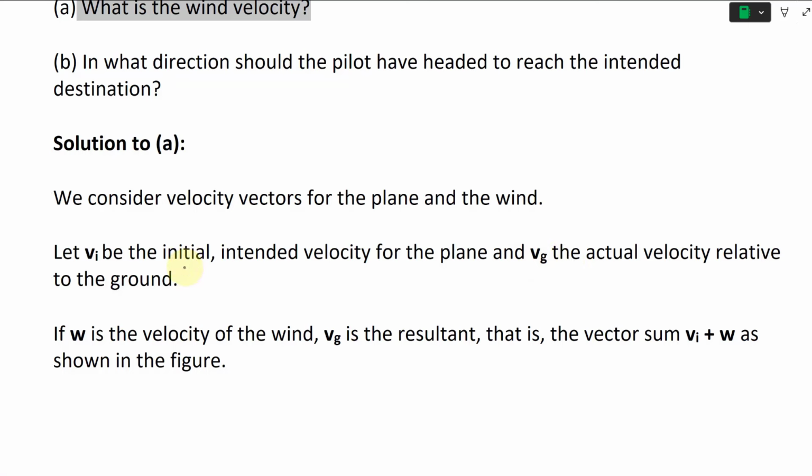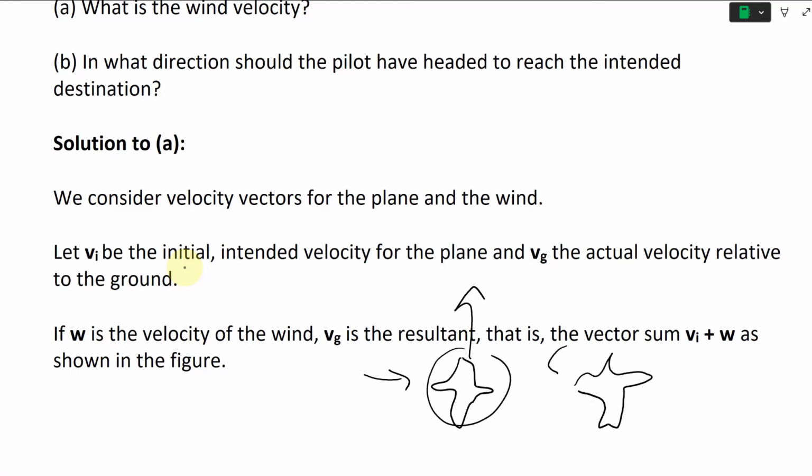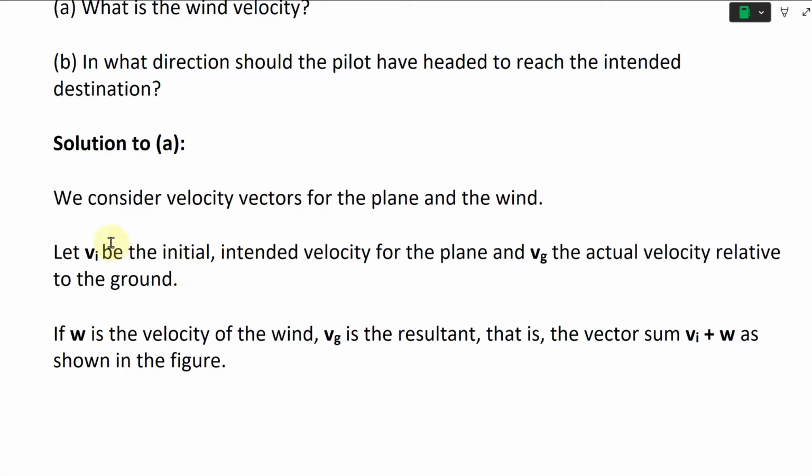Because you have the plane flying straight, but even if you're pointing north, you could be pushed across by the wind. So you could be drifting across, even though you're still pointing the nose forward.